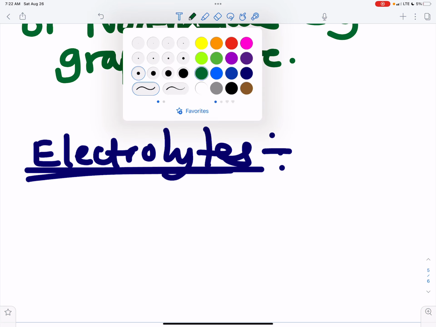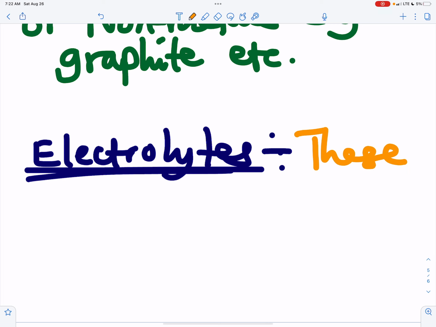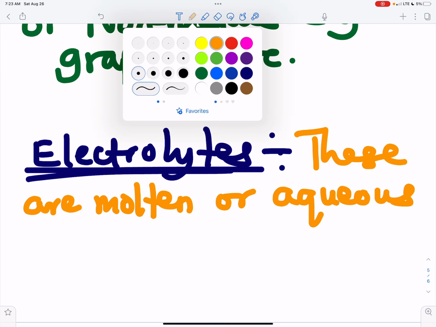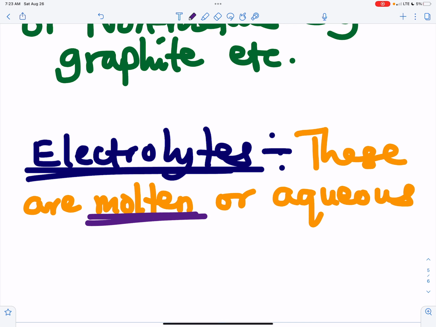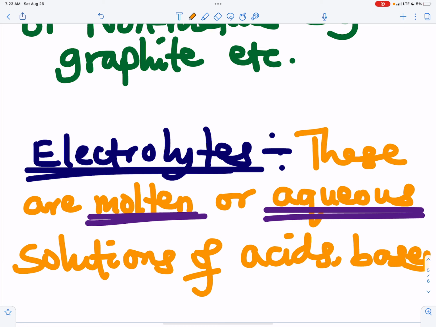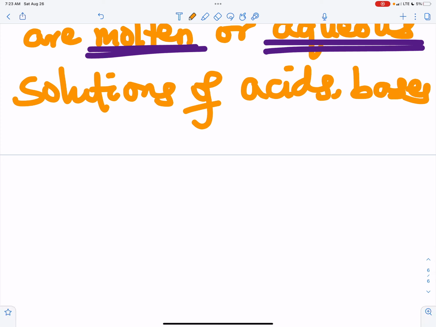The electrolytes. These are molten, either melted solid substances, or solid substances dissolved in water. So these are molten or aqueous solutions of acids, bases, or salts.